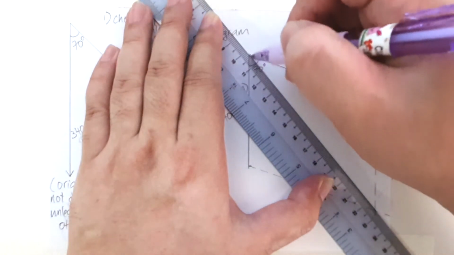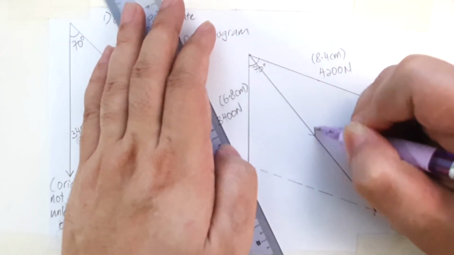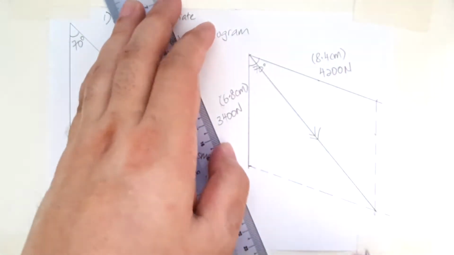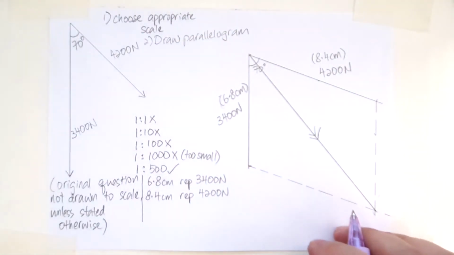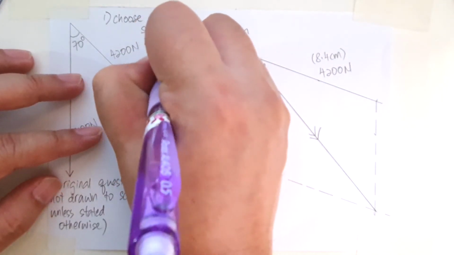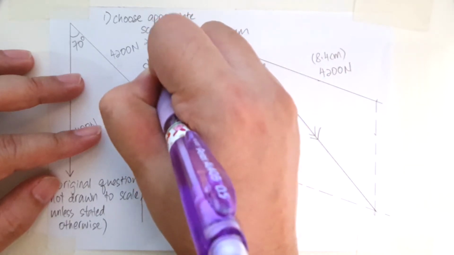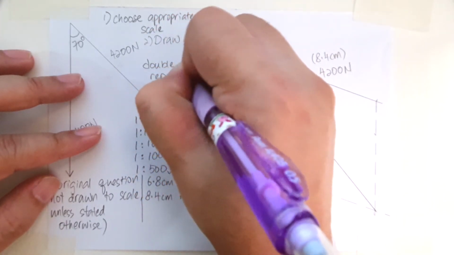I emphasize again, the vector has to lie in between 3,400 newtons and the 4,200 newtons, in between there. And also note how I draw the vector. I represent the resultant vector with a double arrow, and in this case it's actually the resultant force.